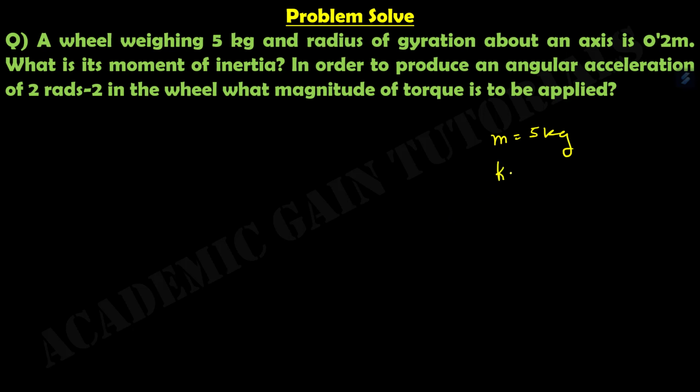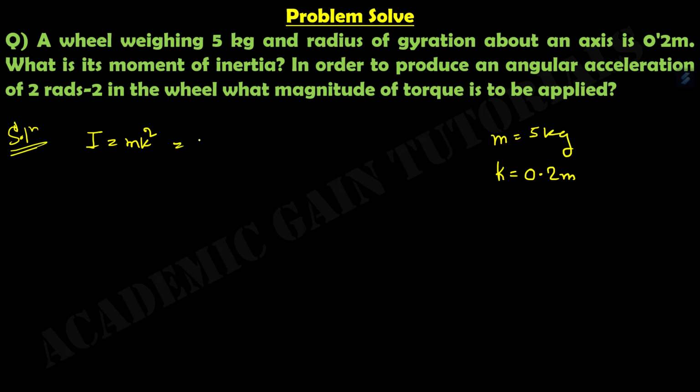We represent radius of gyration as k, so k equals 0.2 meter. What is the moment of inertia? We have to find it. We know for moment of inertia, I equals m k square.